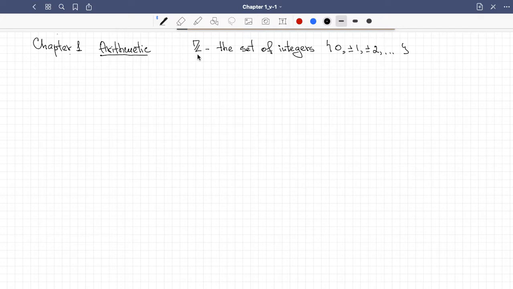So our approach is a little bit different, and it is predetermined by our goal. Why at all? We're going to prove some properties of integers which actually we know as experimental facts, or you can really take for granted.